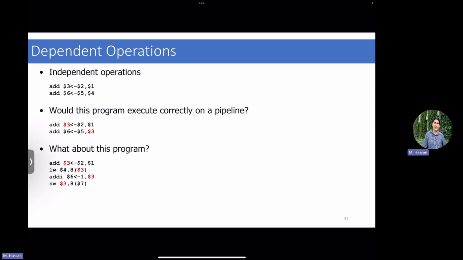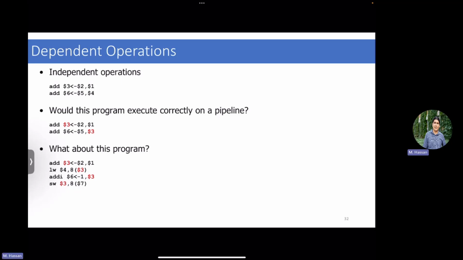Store here is not writing R3. Store writes only to the memory. A store instruction resolves an address, takes a value from a register, and puts it in the memory. If you remember the ISA lecture, the store does not write to the register file. It writes only to the memory. So all these three instructions are reading R3. They're consumers, while the add is the one that is writing into it. The actual dependency is between each one of these and the add.